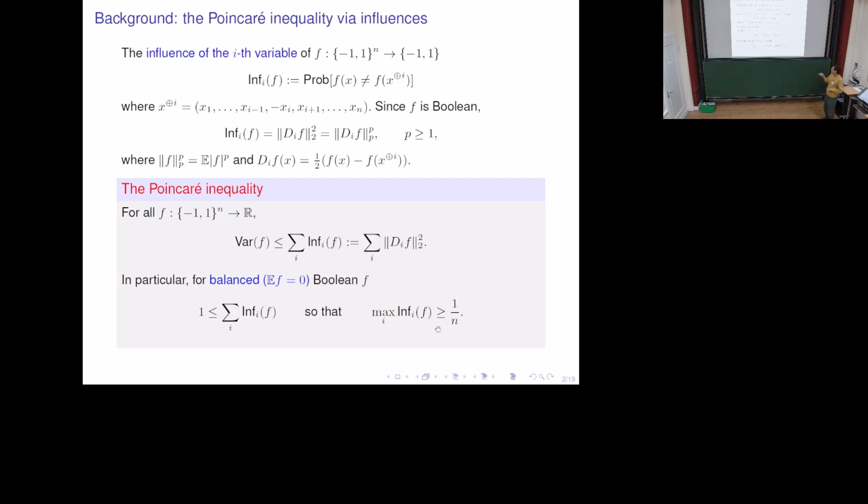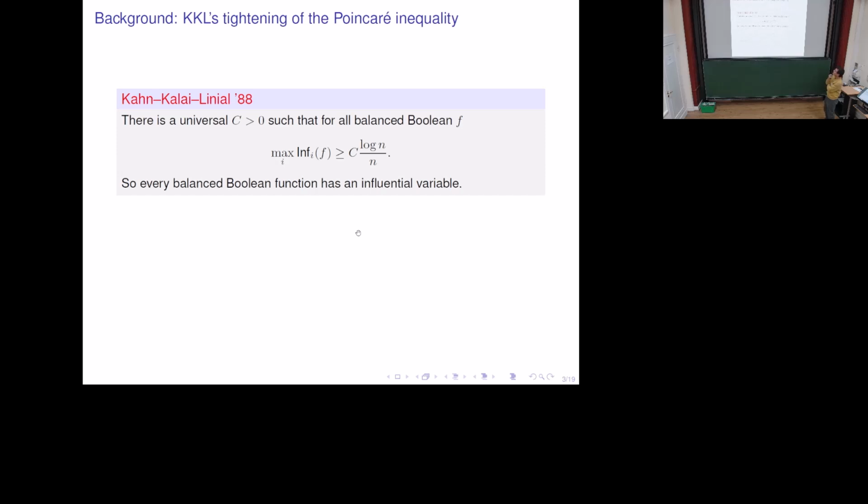By the way, this Bakry inequality, even if you restrict it to the Boolean functions, is sharp, which can be seen from the dictatorship. A surprising theorem by Kahn, Kalai and Linial in 1988 said that the previous consequence is actually not optimal.